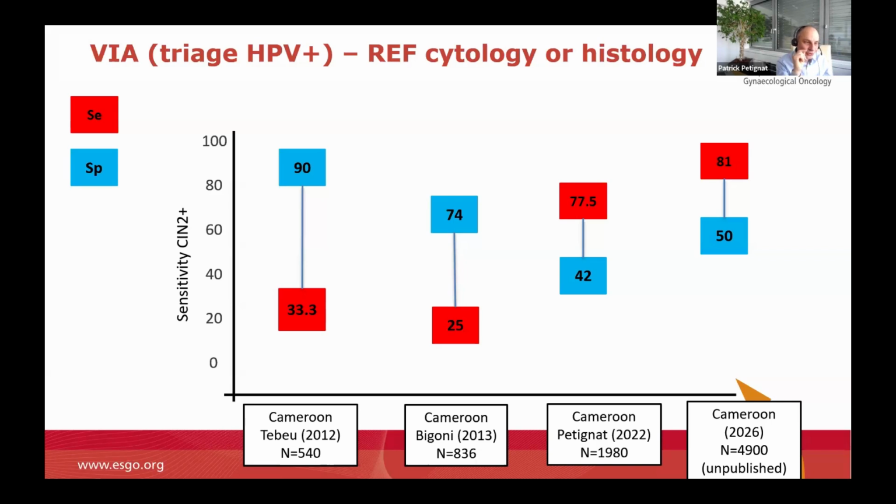This is not the problem. And after we changed two things, the introduction of the smartphone and the change of the IARC criteria, we have this time a good sensitivity. Okay, we lose a lot with the specificity, but we have a good sensitivity.